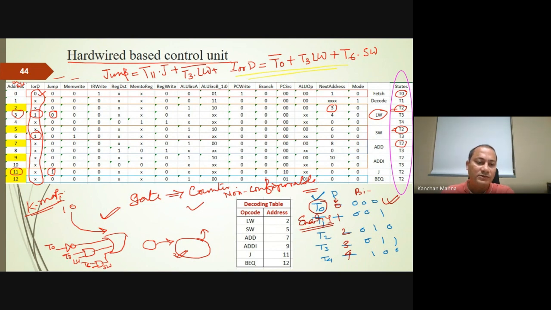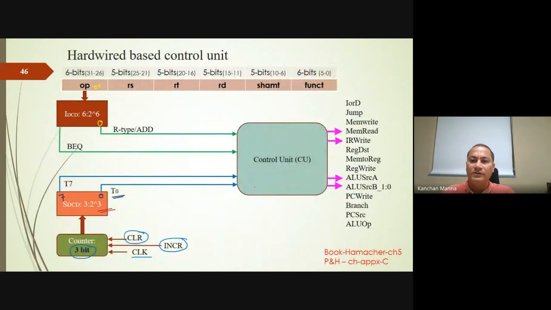These symbols come from the decoder, and this is the I or D output. So that circuit that we saw, we have here for this particular line. Similarly, we can generate such circuitry for all these signals. This diagram has been borrowed from the book by Hamilton and Patterson-Hennessy.